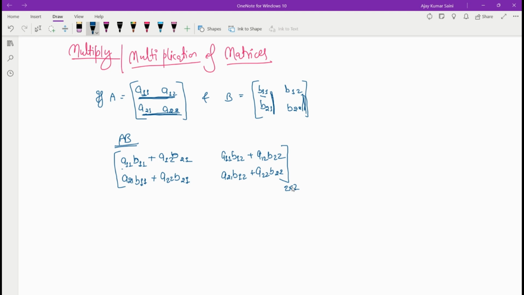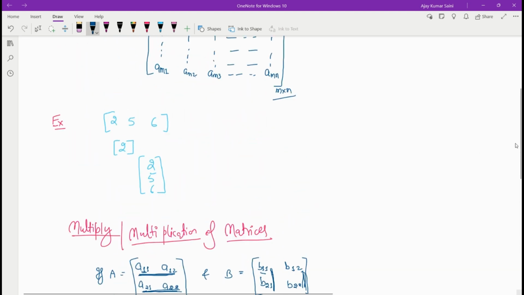After that I tell you about the trace of a matrix. What is the trace of a matrix? It is a very simple topic.